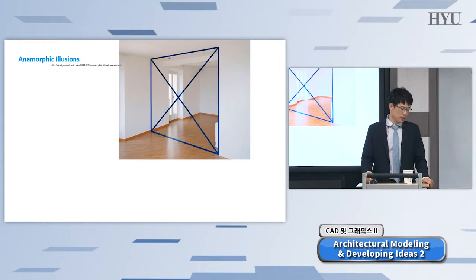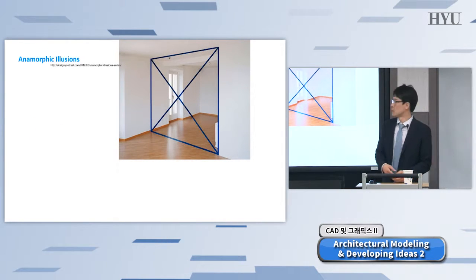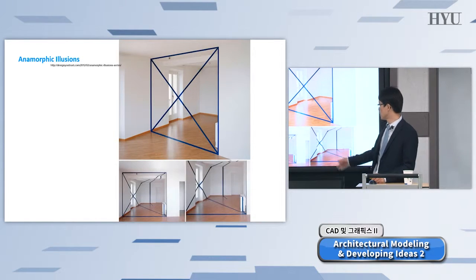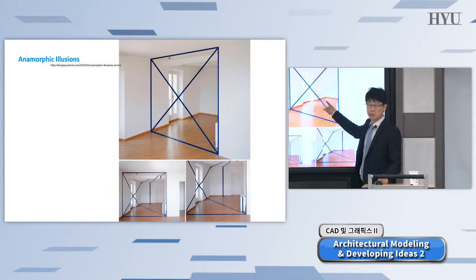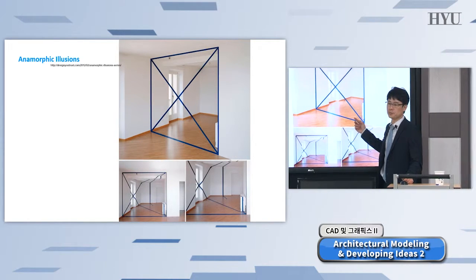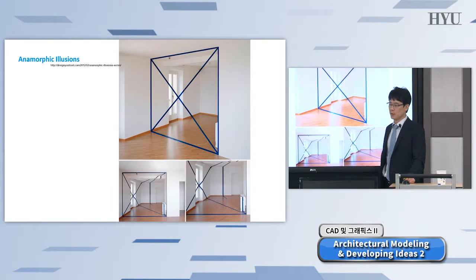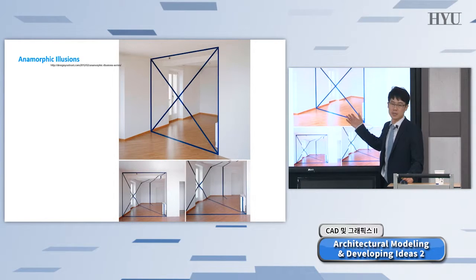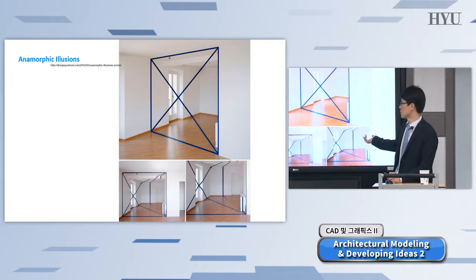So the well-known examples are something like this, okay? This is an illusion, okay? Actually, this tape marking is a kind of intentional test for realizing these anamorphic illusions, okay?